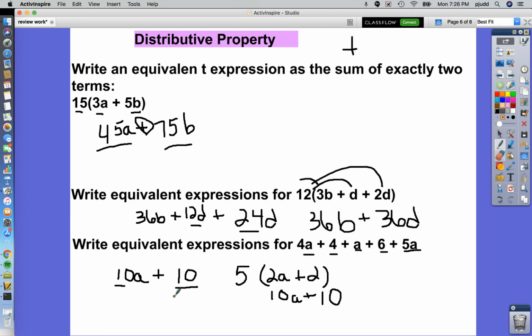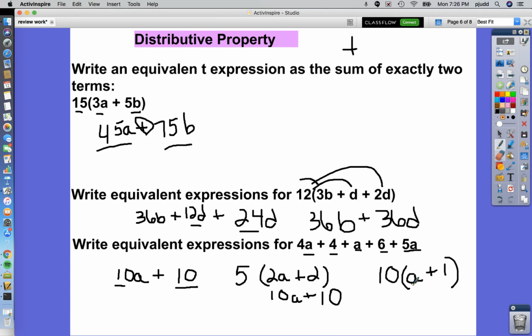I could also look at this and say, well, maybe I'm not factoring out 5 and 2. Maybe I'm just pulling out the 10. And that would be 10 times A plus 1.